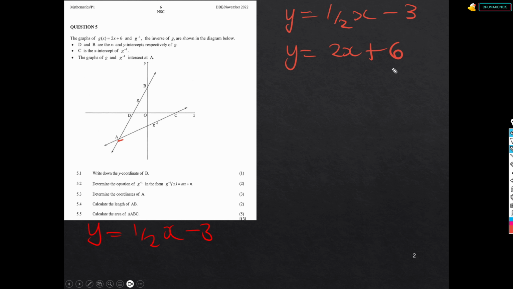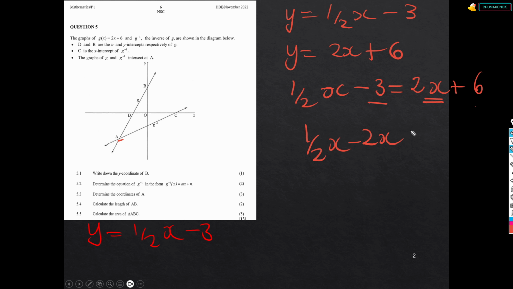And then I'm going to equate them, right? 1 over 2x minus 3 is equal to 2x plus 6, right? And then I will now solve for x. So I'm going to take this to the other side and this to the other side. 1 over 2x and then negative 2x is equal to positive 3 plus 6.